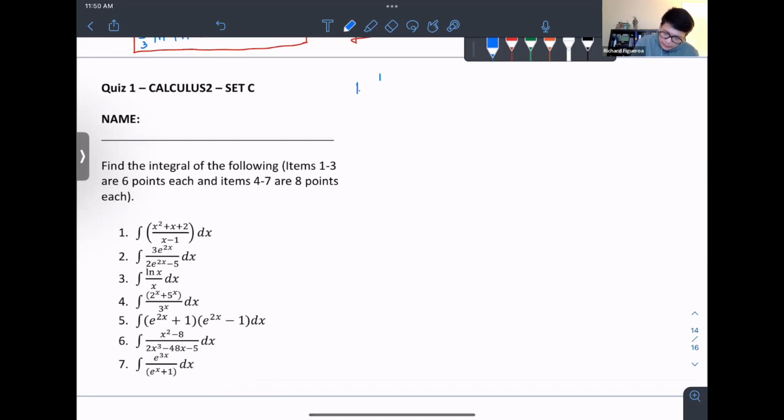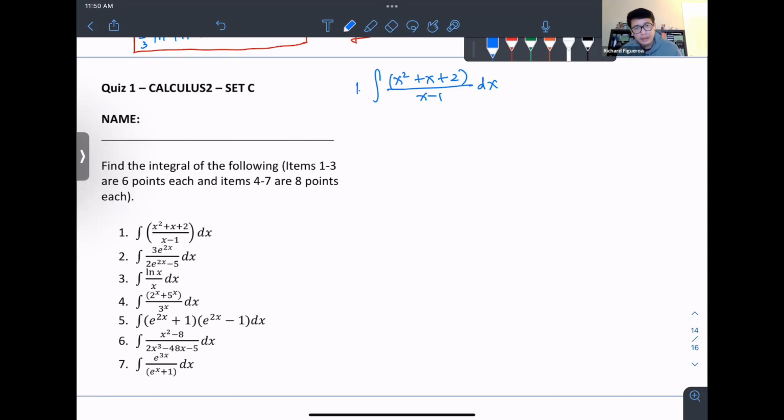we have the integral of x squared plus x plus 2 over x minus 1 dx. So looking at the first item, the degree of the numerator is 2, the denominator is 1. So therefore, that's an improper fraction. So we divide.